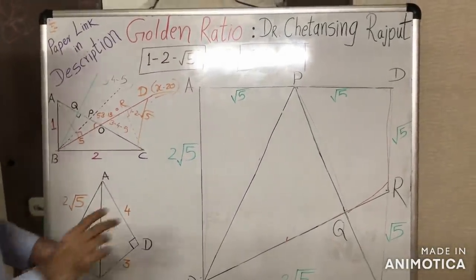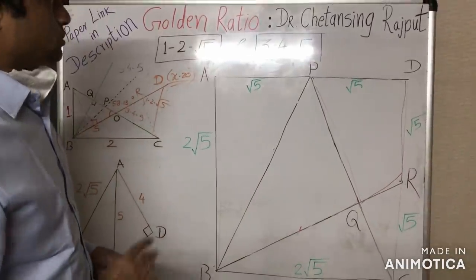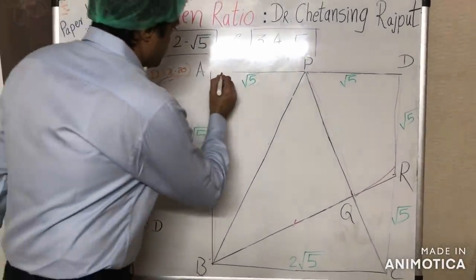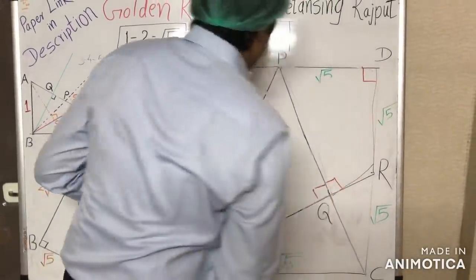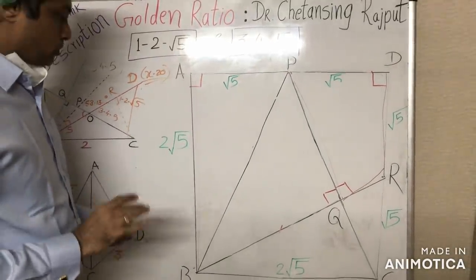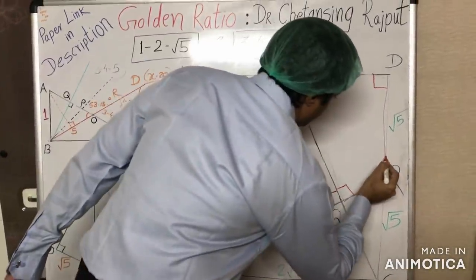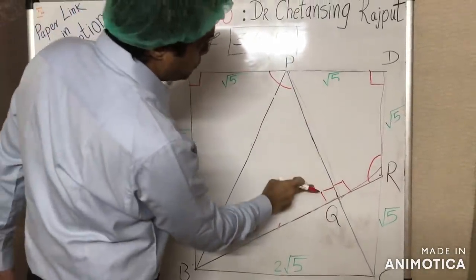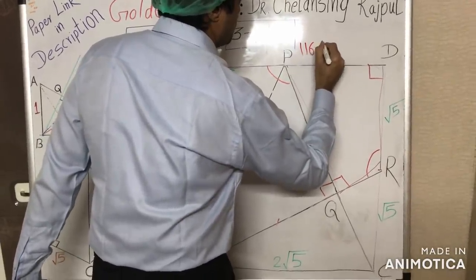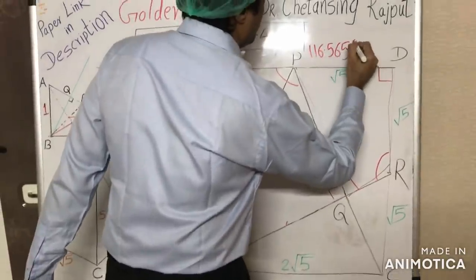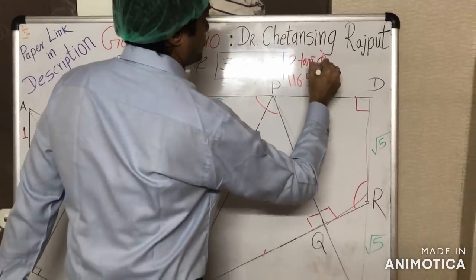Prima facie, these 2 quadrilaterals seem to be irregular, but they possess some interesting geometric features, like these right angles here, this one and this one. The other 2 angles of these irregular quadrilaterals, angle APQ and angle DRQ, are both precisely equal to 116.565 degrees, which is equal to twice the arctan of the golden ratio.